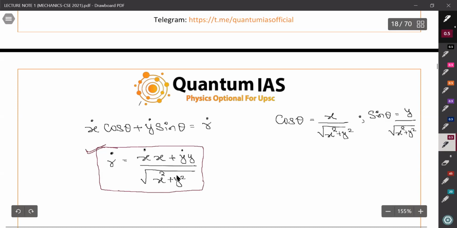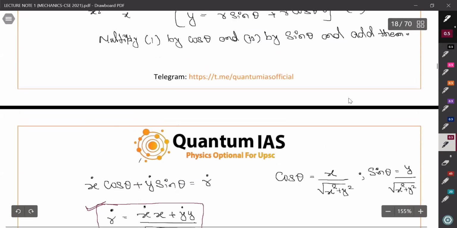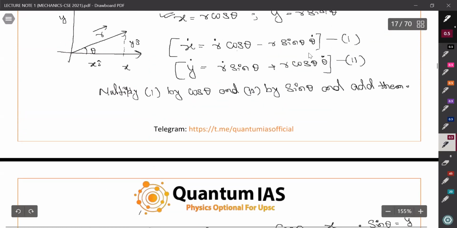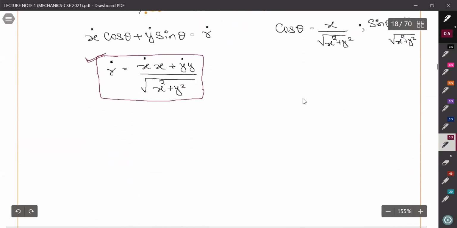So we need velocity, so we need r dot and theta dot, right? For theta dot, what we can do is that we want theta dot, right? So we have to make this term sin square and this term cos square, and also we need to subtract so that both will become r sin square theta and r cos square theta terms.